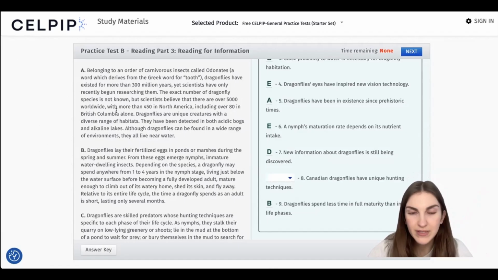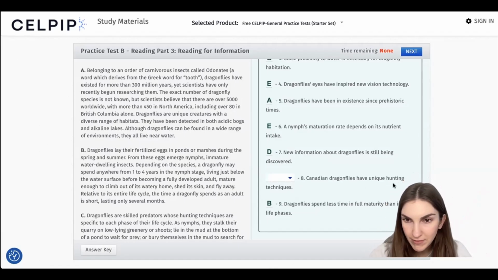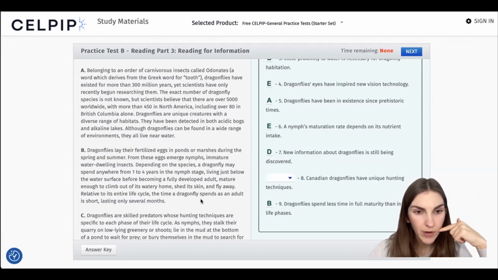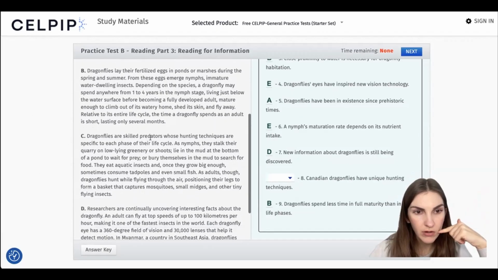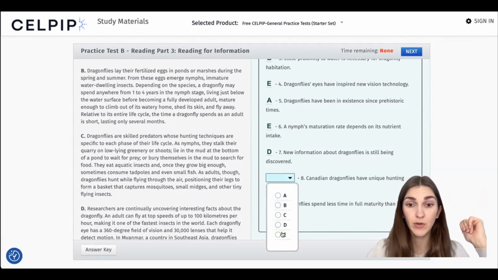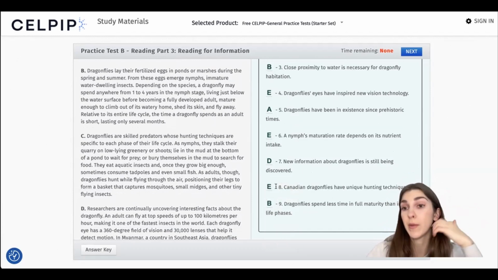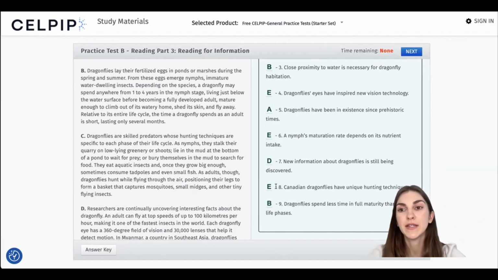Yes, it's still North America, but it doesn't state that they have unique hunting techniques. And about hunting, we read in paragraph C, and in paragraph C there is no indication of Canada or Canadian. So it is also paragraph E. If you choose another paragraph, it will be a mistake, and I just explained to you why.